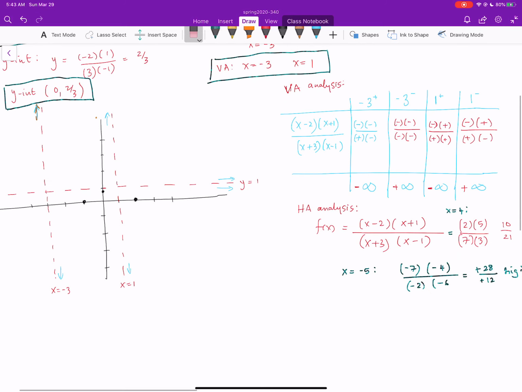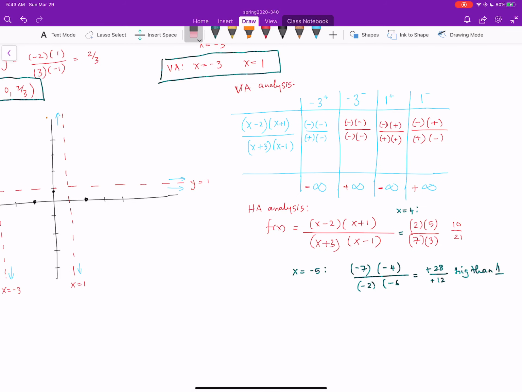Lastly, we need to analyze what's going on with the horizontal asymptote. Am I getting above or below that line? All you need to do is plug in some values. If I look at the right side of that graph, I pick x equal to 4 and plug it in. I end up getting 10 over 21, which is under 1.